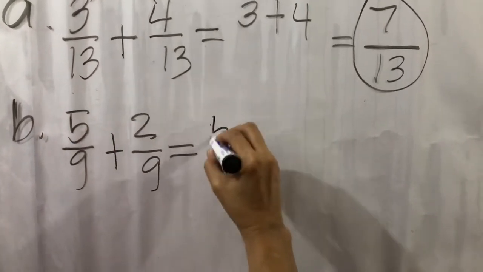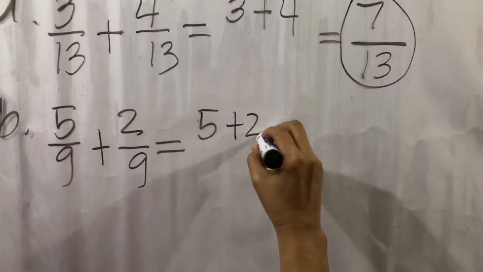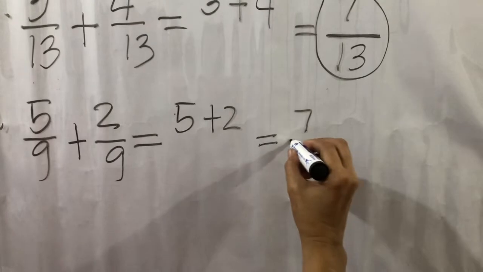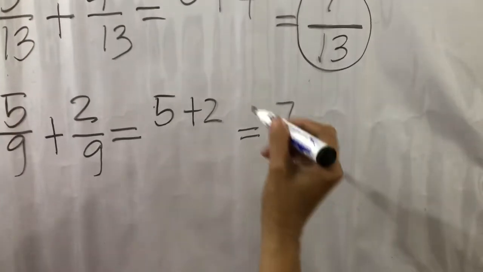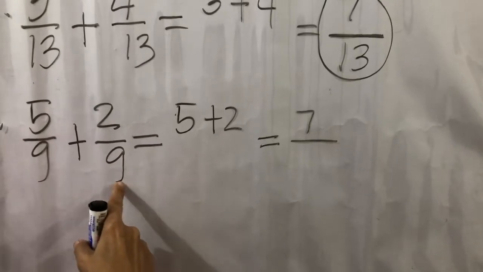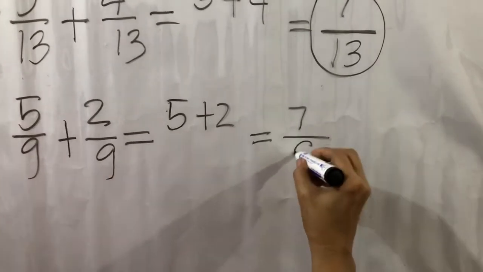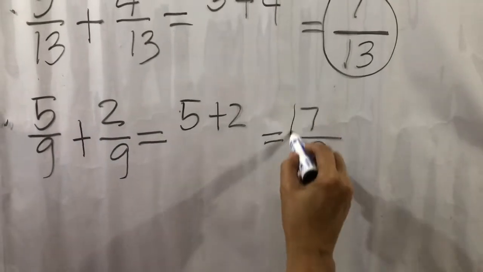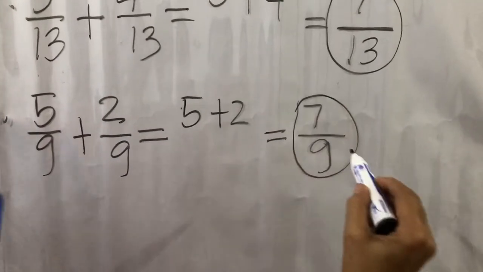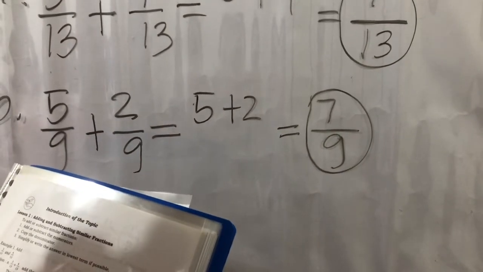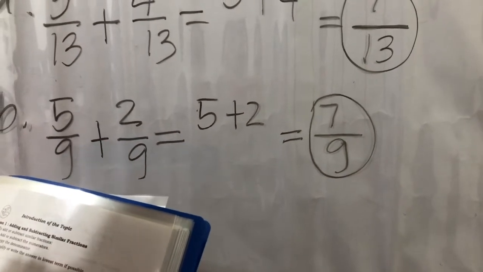So 5 plus 2 equals 7. And then to get the denominator of the answer, you copy the denominator 9. So that is now the answer. You cannot reduce this one to lowest term because the only common factor of 7 and 9 is 1. That is now the answer in lowest term.